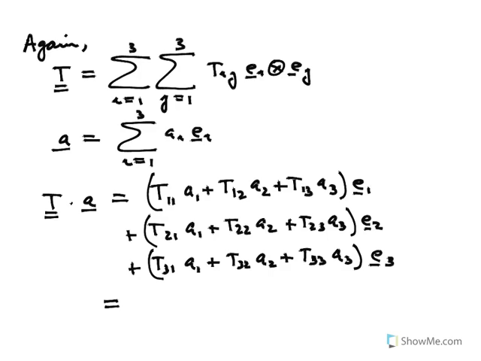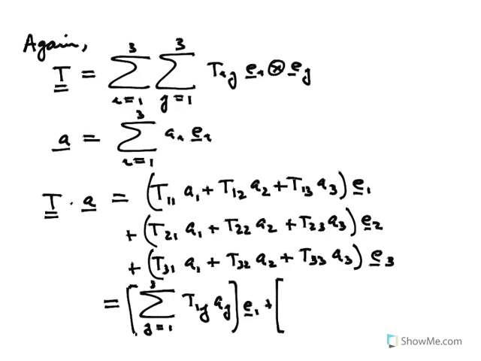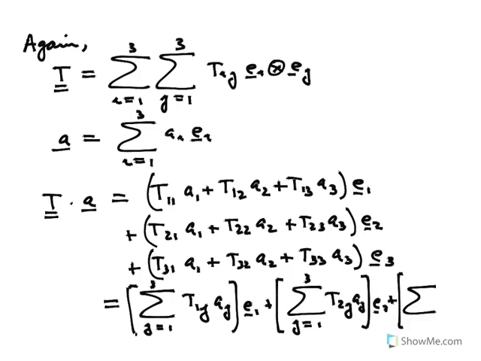So we can write the sum from j equals 1 to 3 of T1j Aj, multiplied by E1, plus the sum from j equals 1 to 3 of T2j Aj, multiplied by E2, and then the last one is the sum from j equals 1 to 3 of T3j Aj, multiplied by E3.